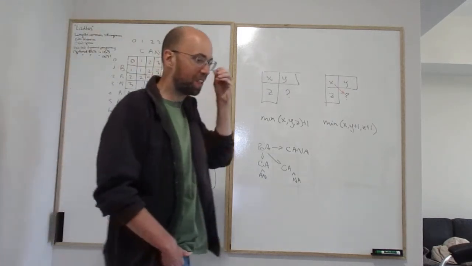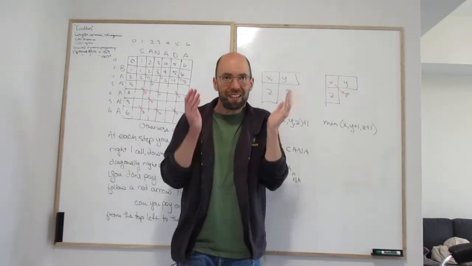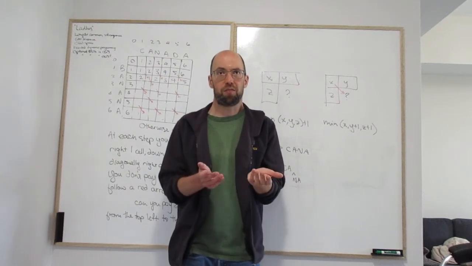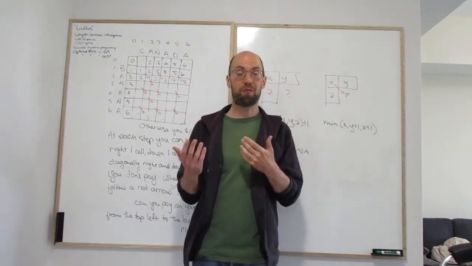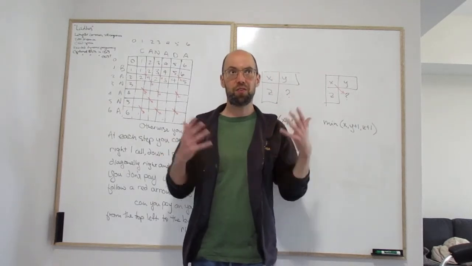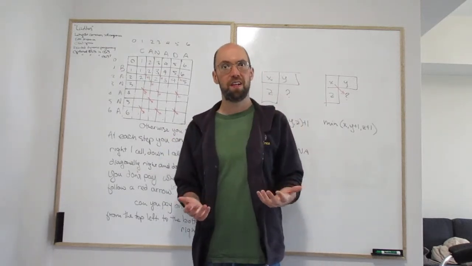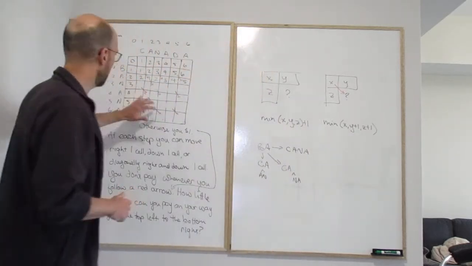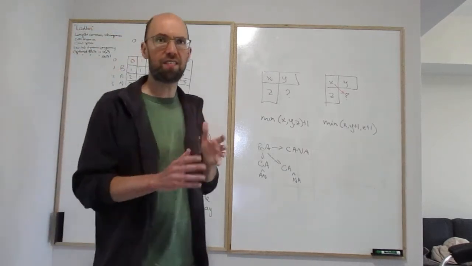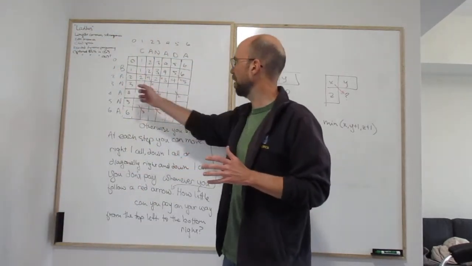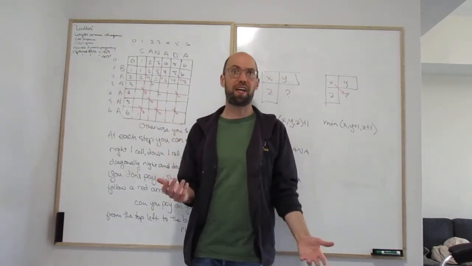Well, to change a string of length 5 into a string of length 2, you at least have to get rid of 3 characters. So the edit distance has to be at least the distance from the diagonal, right? Because you at least need enough edits to make the lengths the same. So everything that's far off the diagonal has high cost. All of these entries that are way off the diagonal have to be big. They have to be at least the distance from the diagonal.